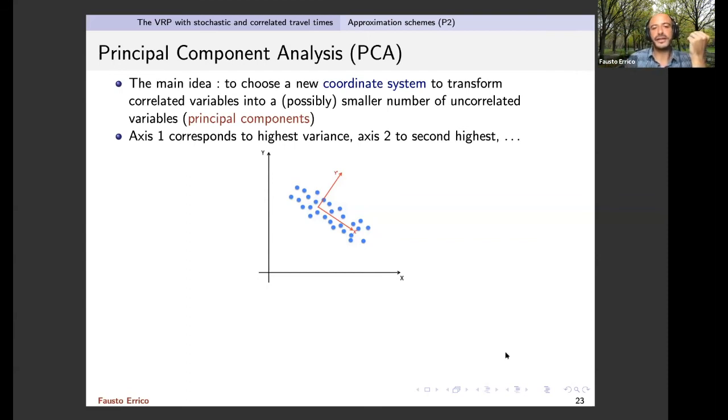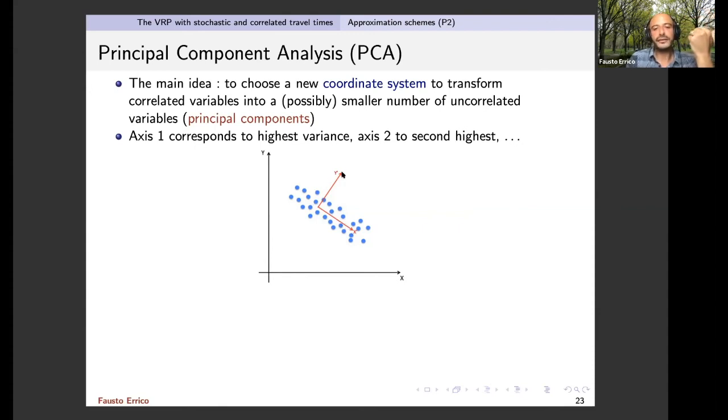So, for example, here the idea is that there's of course some correlation among the data, and in the new orientation of the axes, the x-axis captures most of the correlation between the data points.